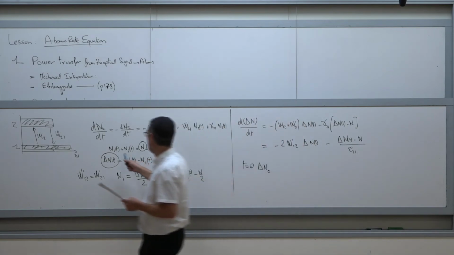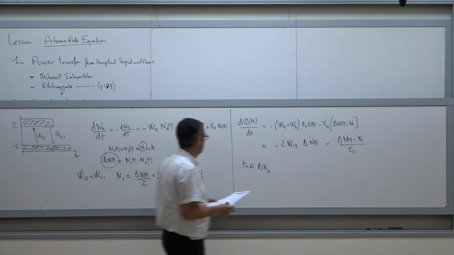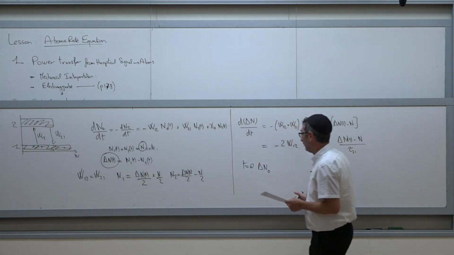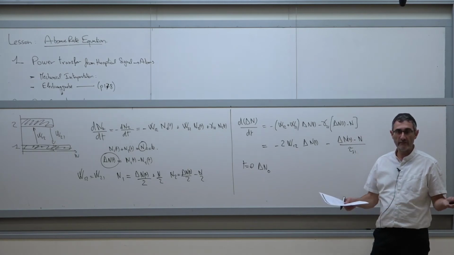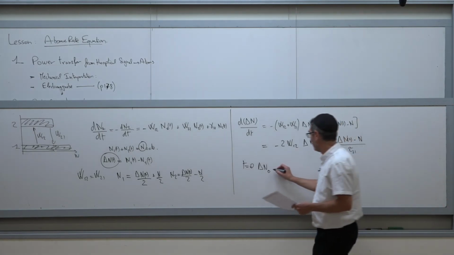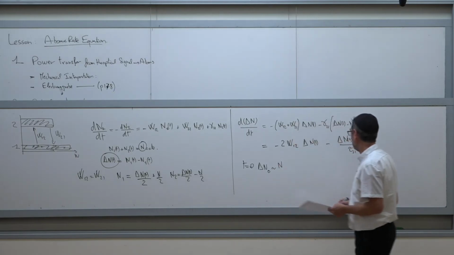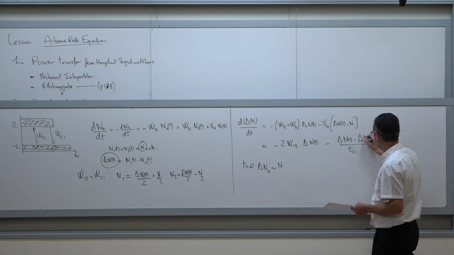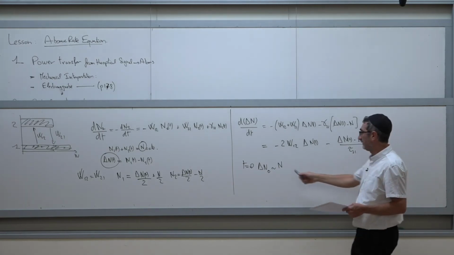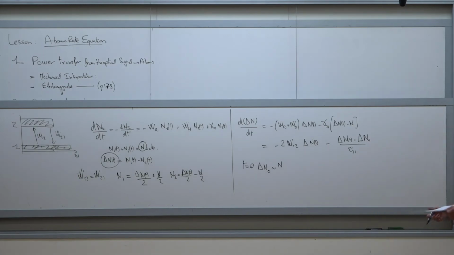N is the sum. If you assume that at t equals 0, most of the population will be in level 1, this is just for notation. I just say that this is roughly N, so I can just put delta N0 here. I just assume that at the beginning most of the population is on the ground level.